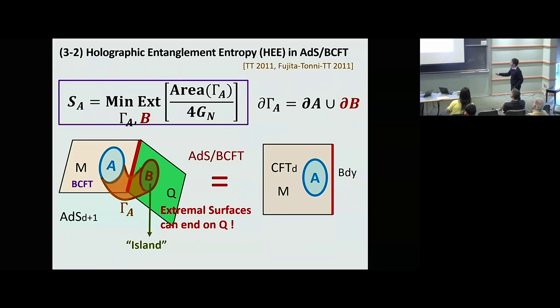The new thing is that this minimal or extremal surface can end on this end of the world brane. We can also think of this as a special case of this island calculation, in terms of brane world gravity on this end of the world brane. But here we just assume this relation between AdS and the BCFT.